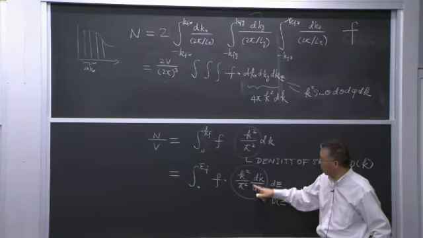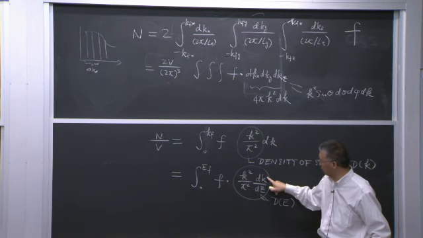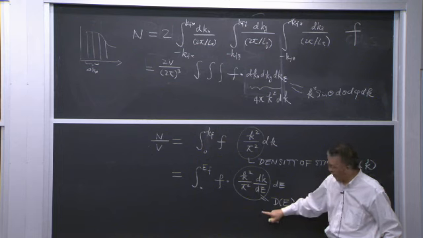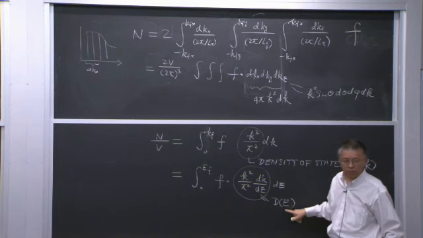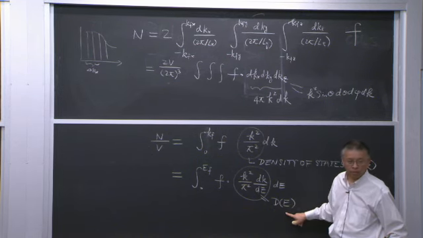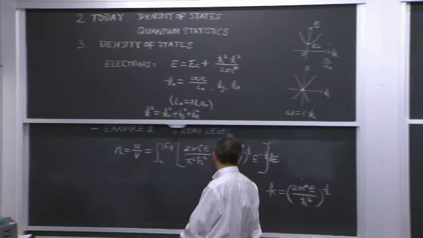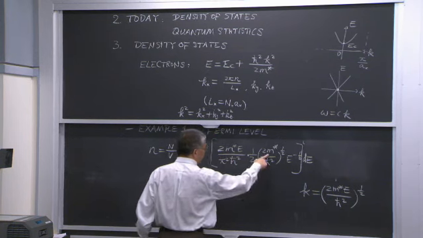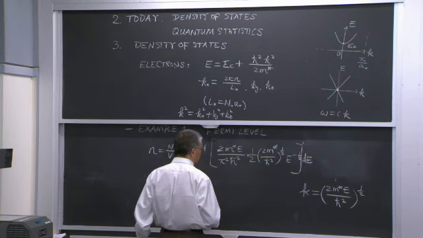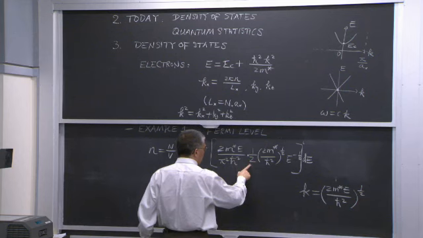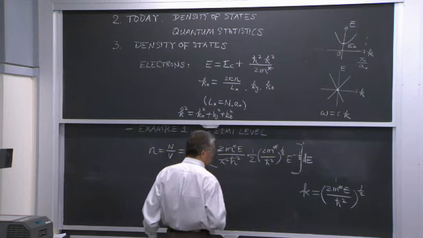I convert K into E, and I convert dk/dE, writing it also in terms of E, so that at the end I have all of that blob, which is my density of states. So here is my density of states: 2m over h bar squared to the 3/2, and E to the 1/2.